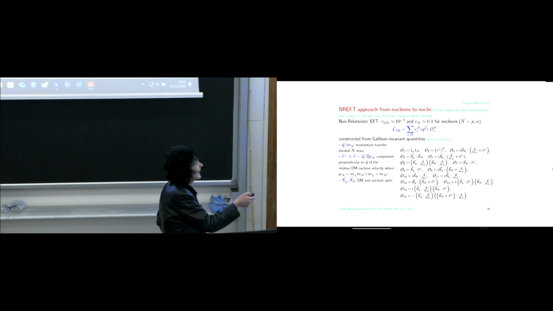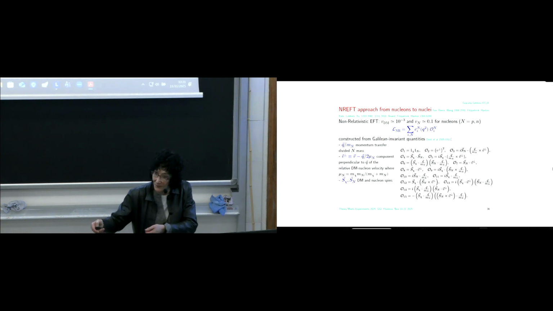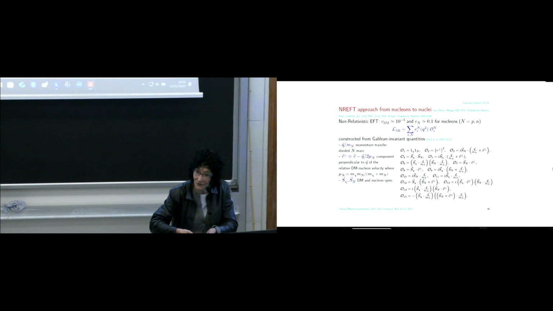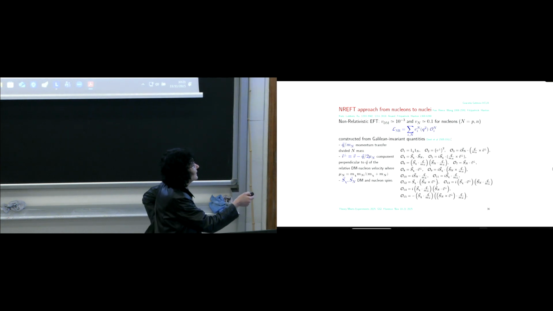So these are Galilean invariant quantities. Galilean meaning that if you have a velocity 1 and a velocity 2, something moving with velocity 2 carried by something with velocity 1, the final velocity is v1 plus v2, the non-relativistic composition of velocities. And then you have three quantities that are invariant, which is the momentum transfer.